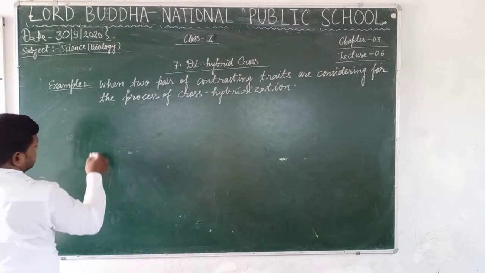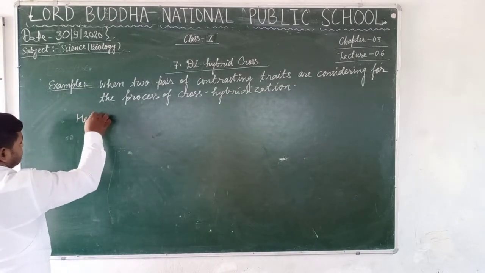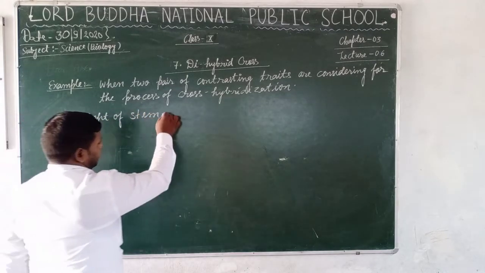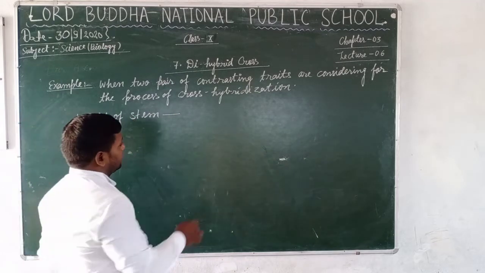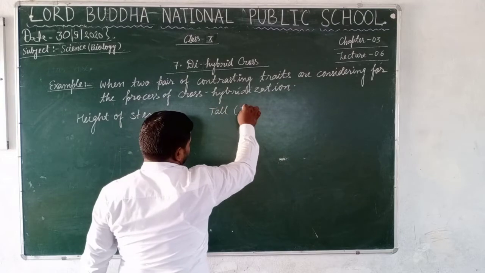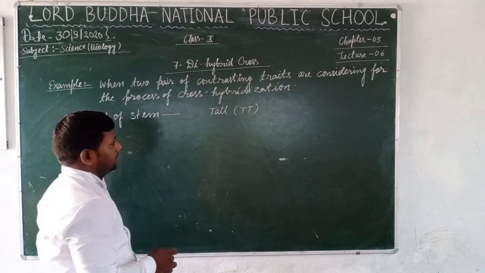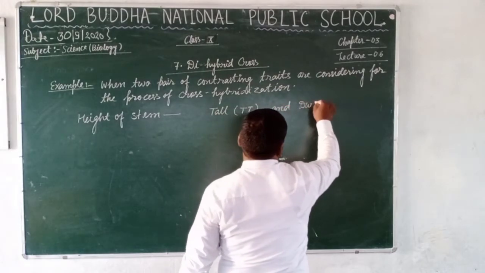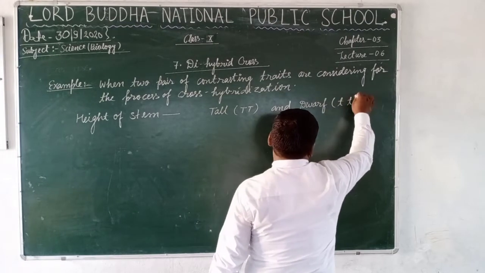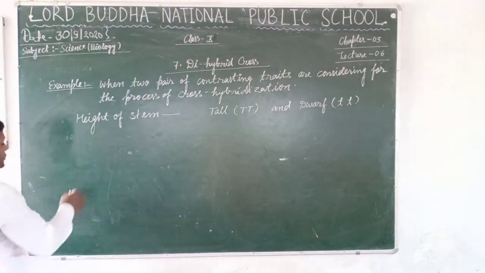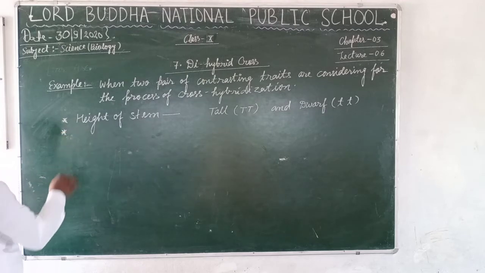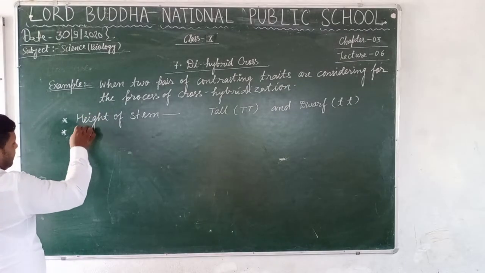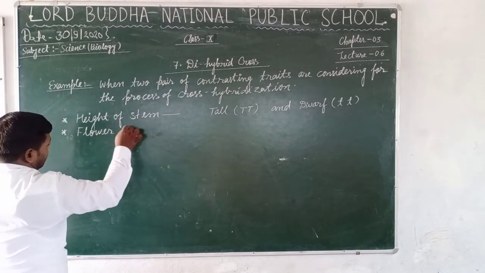First I take the height of the stem. What are the contrasting traits? The dominant is tall and its allele is capital T, whereas the recessive is dwarf and its allele is small t. Next students, the second contrasting characteristic or trait I am going to take is the flower color. Yes students, flower color.